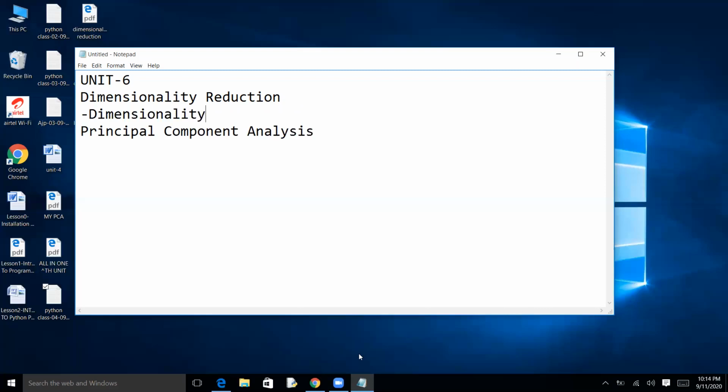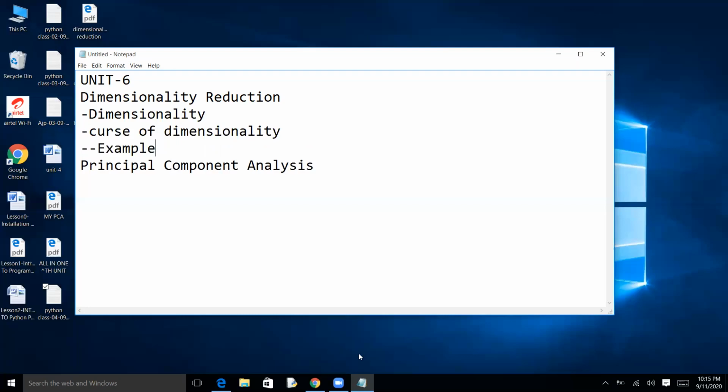Next is curse of dimensionality, and to understand the curse of dimensionality, we will see an example.